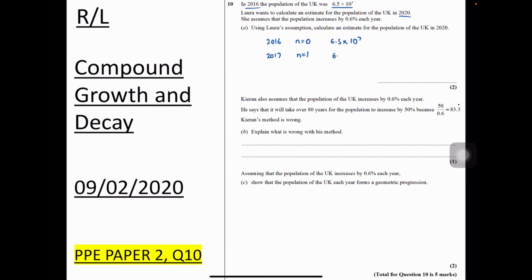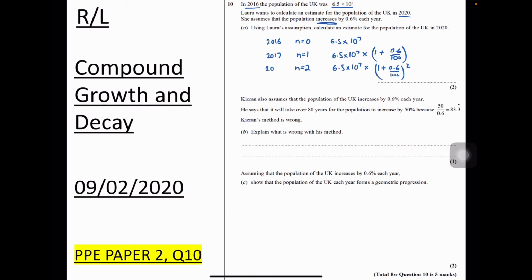And so that would be 6.5 times 10 to the 7 multiplied by 0.6%. But remember, it's a population increase, right? So 1 plus 0.6 over 100. n equals 2, well, we just have to write 1 plus 0.6 over 100 to the power of 2.